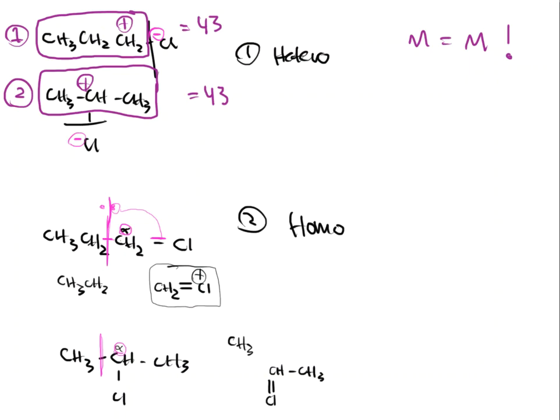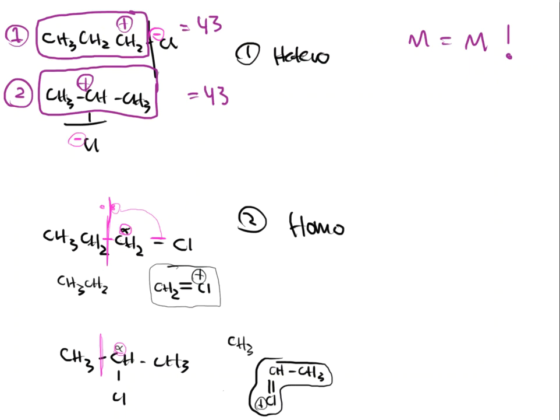When that happens, chlorine says, oh no, I messed up. I took in too much. I shouldn't have done it. But now it gets the positive charge. And this is the fragment that gets seen in that scenario.